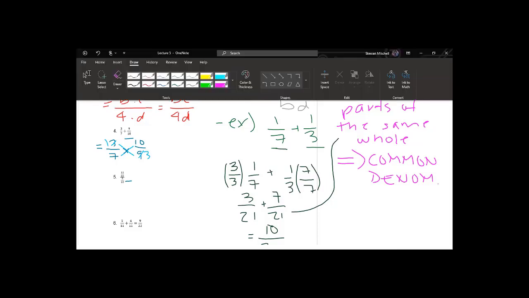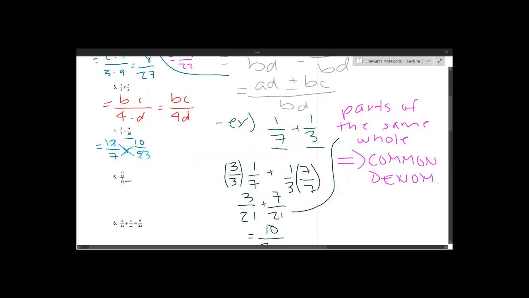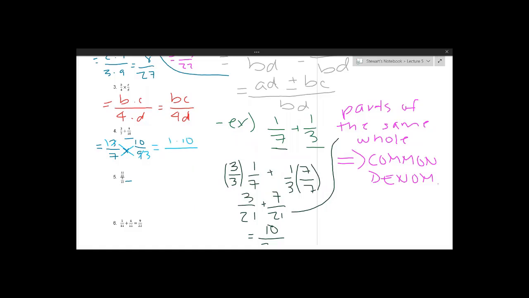So your resulting multiplication turns into 1 times 10 over 7 times 3, which equals 10/21. And that is all there is to that.